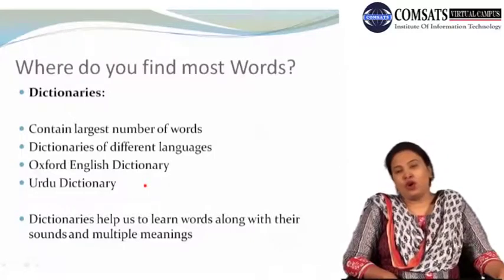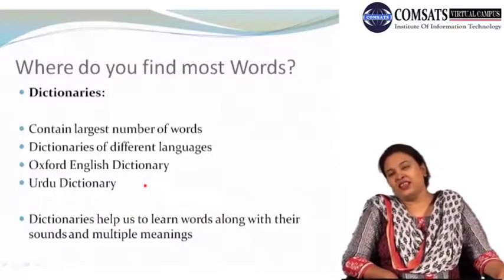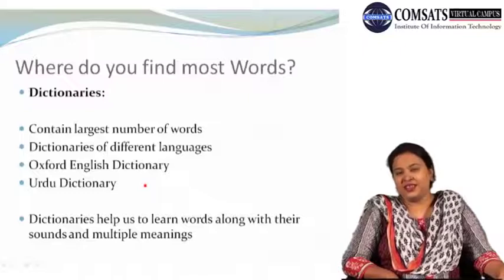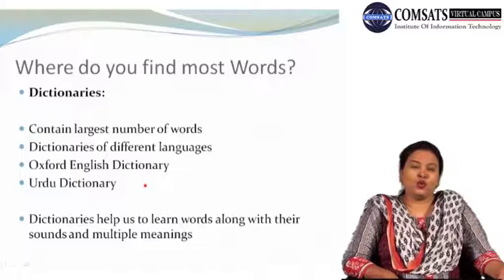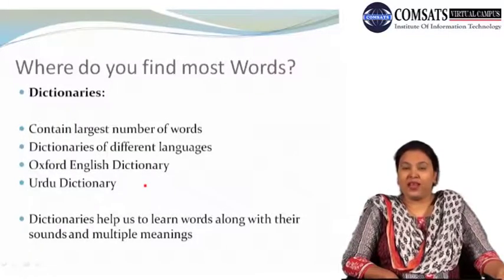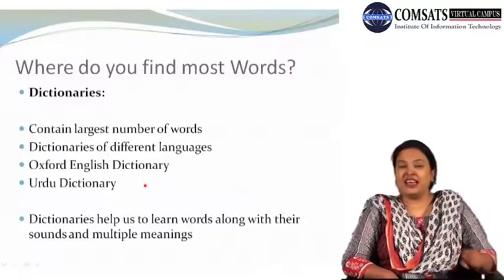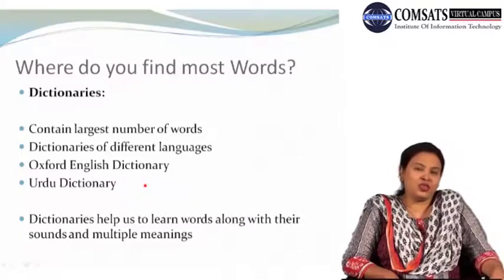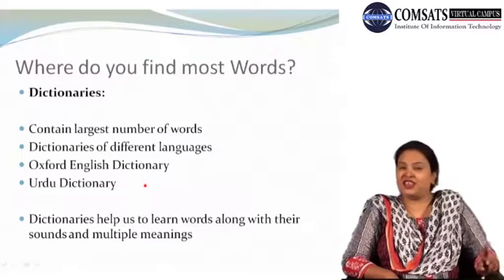Now when we talk about morphology, another important thing is the dictionary. Where do you find a word? Yes, maybe I know a lot of words, but there is a single source where a lot of words are found: the dictionary. If you are getting confused about why I'm saying dictionary, not the way we Pakistanis are usually habituated to say it, then please check the dictionary.